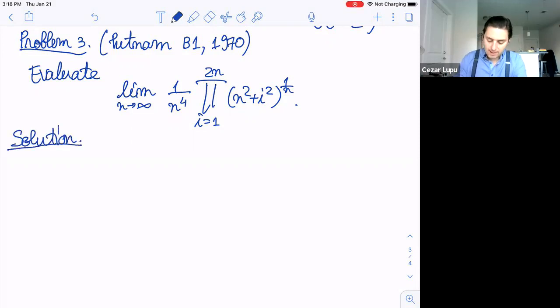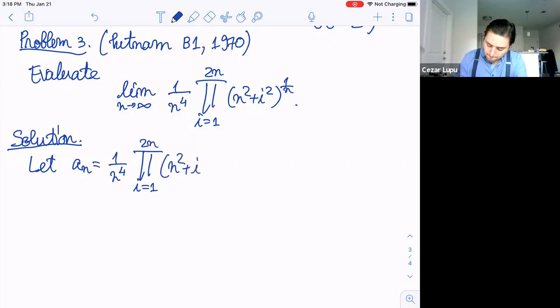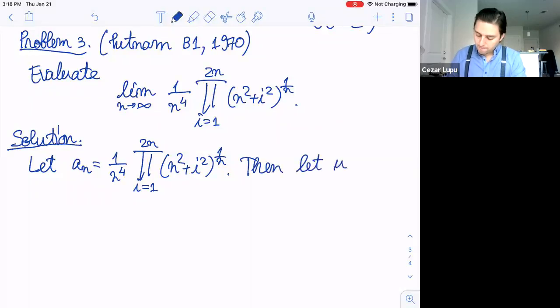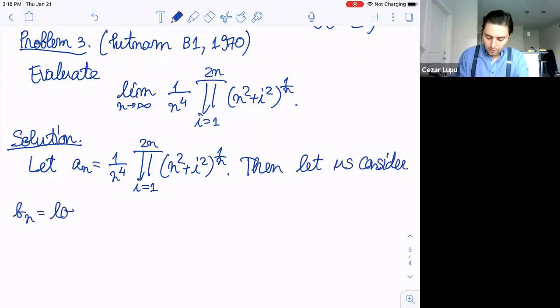Let a_n be this product, 1 over n to the 4th times the product. And now let us consider the following sequence, b_n to be log of a_n.